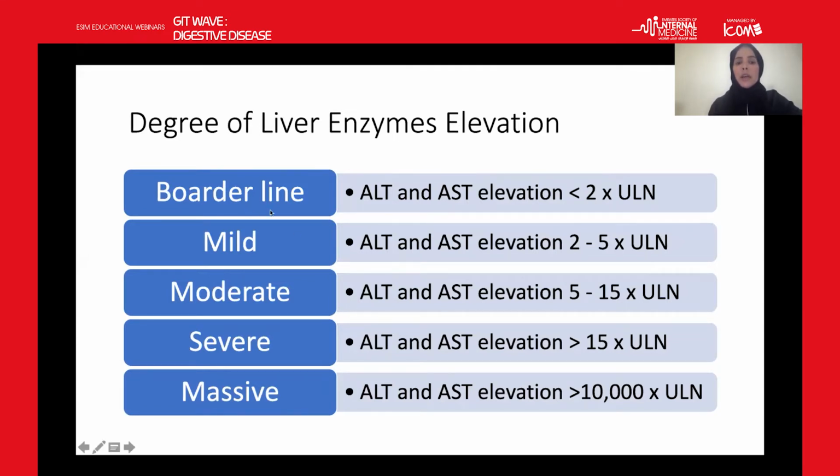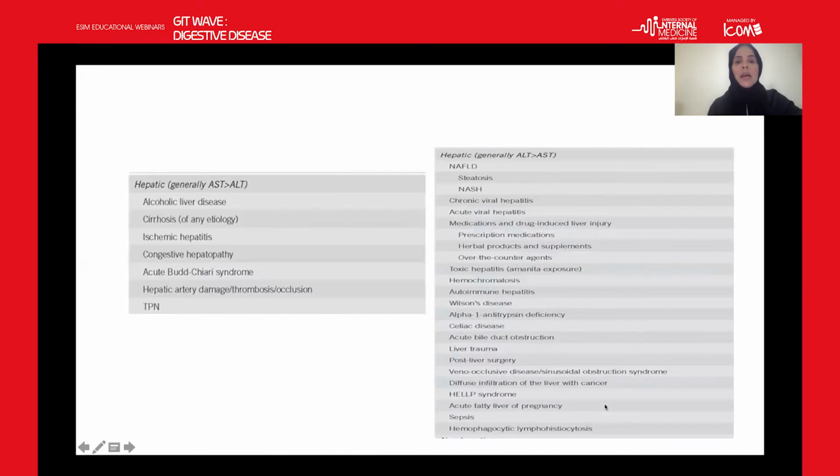There is a borderline elevation, which is AST/ALT elevation less than 2 times the upper limit of normal, mild when they are elevated by 2 to 5 times the upper limit of normal, moderate when elevated by 5 to 15 times, severe when more than 15 times, and massive when it is greater than 10,000 times the upper limit of normal. And there are several causes for transaminitis or hepatocyte injury, which you can find everywhere.